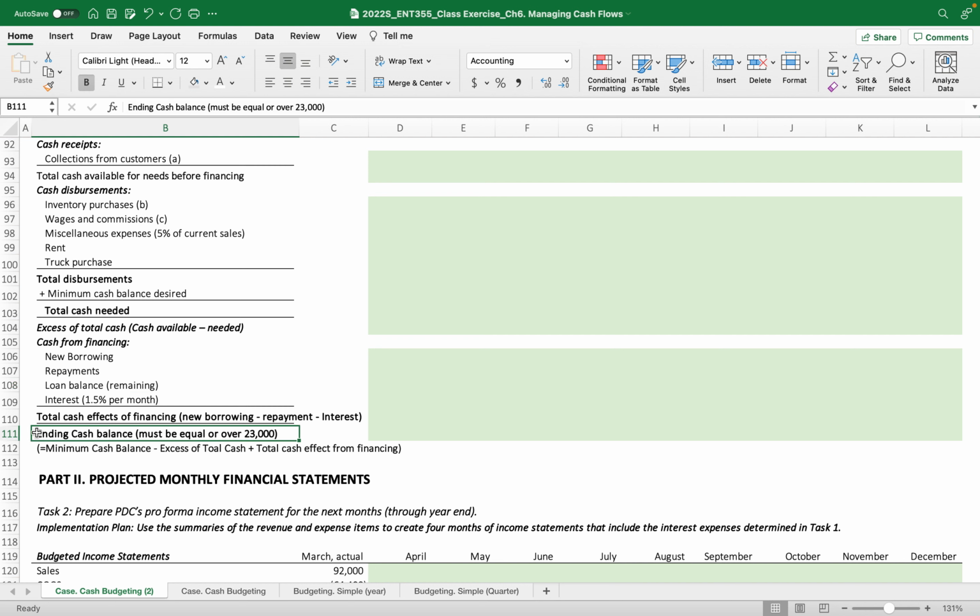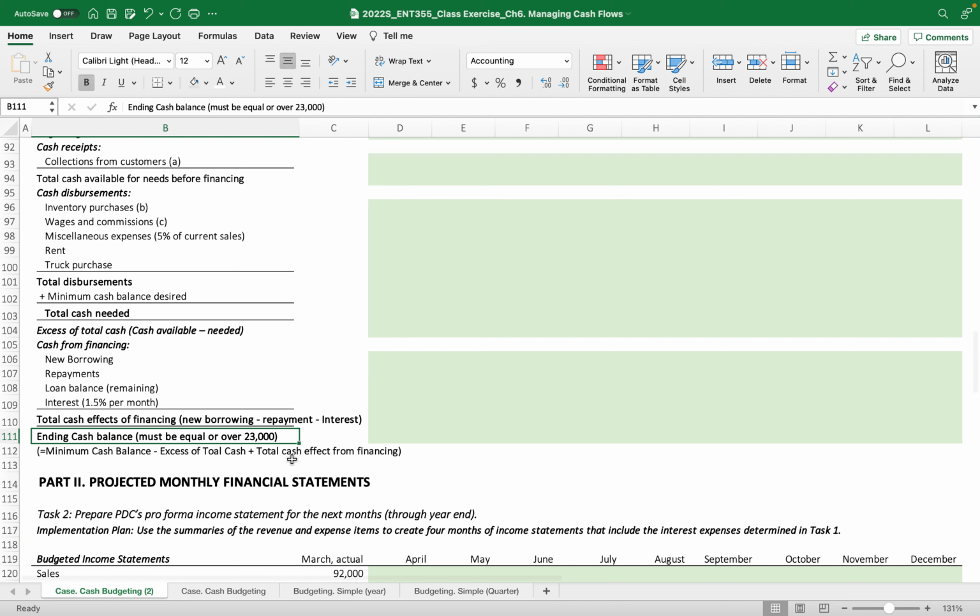And then the ending cash balance must be equal to or over 23,000 based on their cash balance policy. How to get it? Minimum cash balance minus excess total cash from operations, and the total cash effect from financing in and out. Anyway, you must be sure that this ending cash balance is over 23,000.